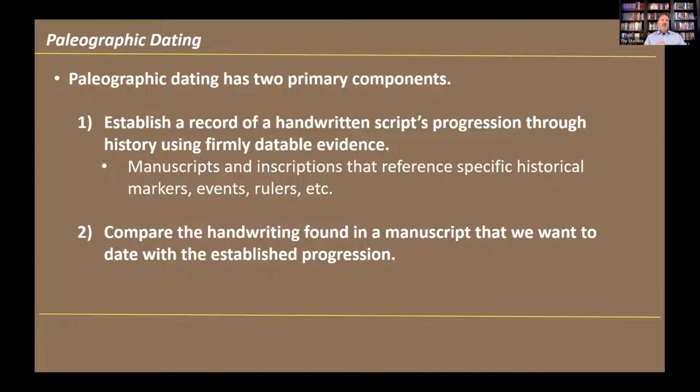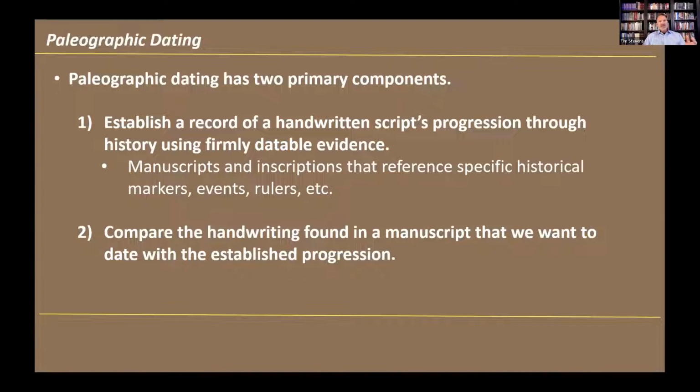This usually comes in the form of other manuscripts and inscriptions that reference some specific historical events or markers or rulers, which gives us some kind of anchor point with which to date that particular document or inscription. Then we take a series of those and try to extrapolate in somewhat of a linear fashion how that particular script progressed between the periods that we can firmly date.